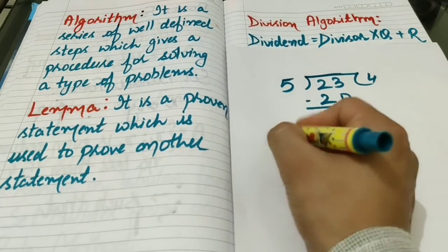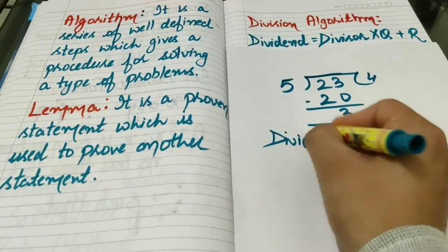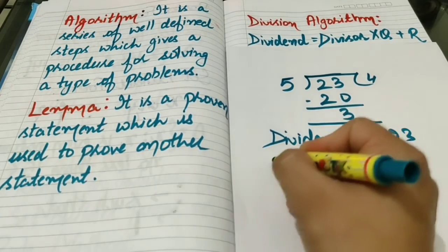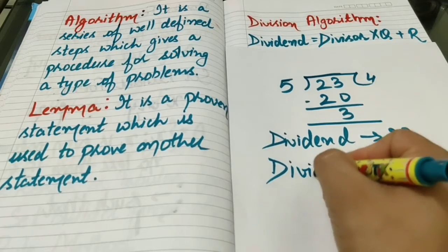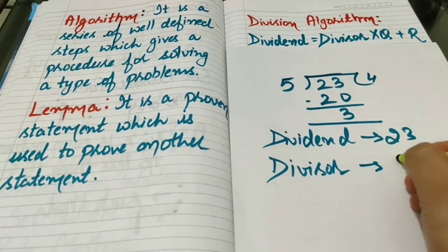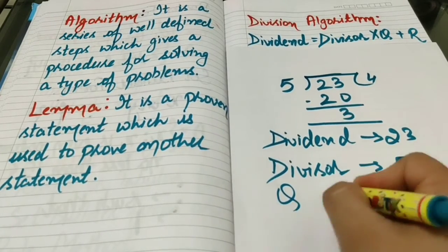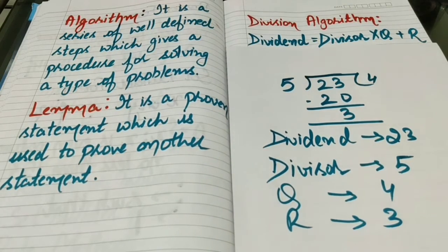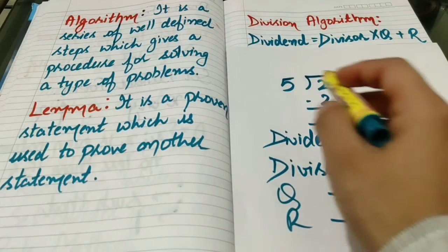Here dividend is 23, divisor is 5, quotient is 4 and remainder is 3, and remainder is always less than divisor.